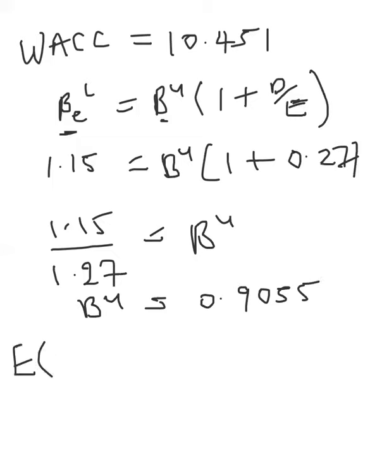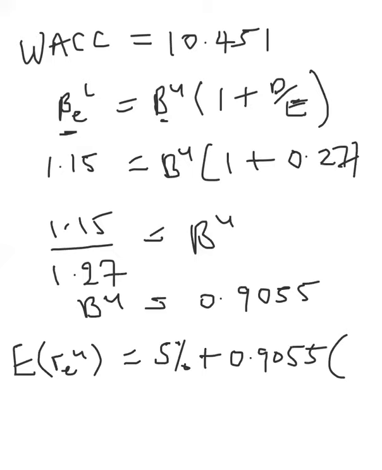That means when I'm looking for the cost of capital of equity, which is 100% equity financed, it is equal to RF. We know our RF as 5% plus our beta, which is now 0.9055, into bracket our RM, and RM is equal to 11% minus 5% here.